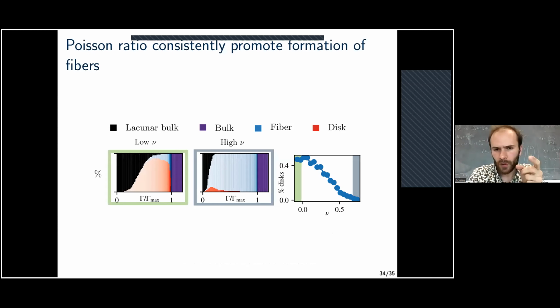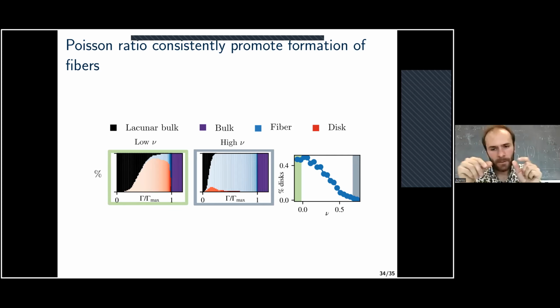And I'm just going to finish this argument with this last graph, where the first thing you have to look at is the right-hand side, where we plot the percentage of disk as a function of the Poisson ratio. As you can see, it's less and less likely to create a disk as the Poisson ratio increases.